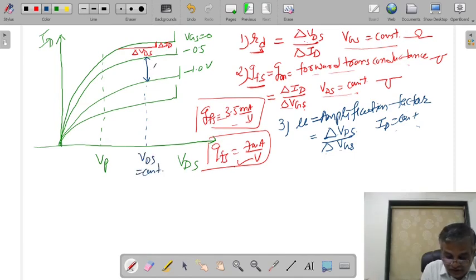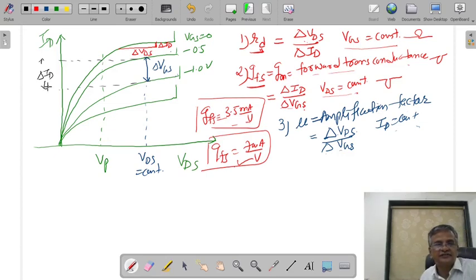You find the change in VGS from here to here, and find the corresponding change in drain current.